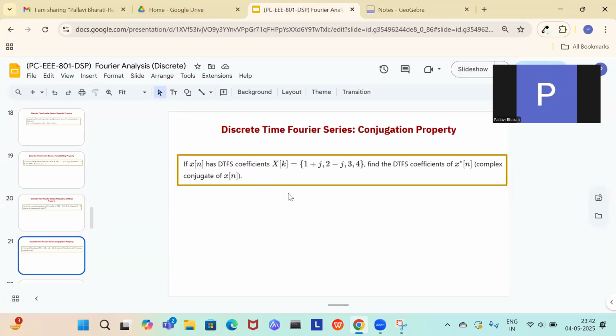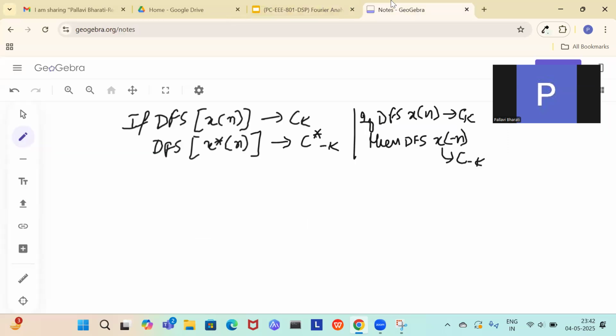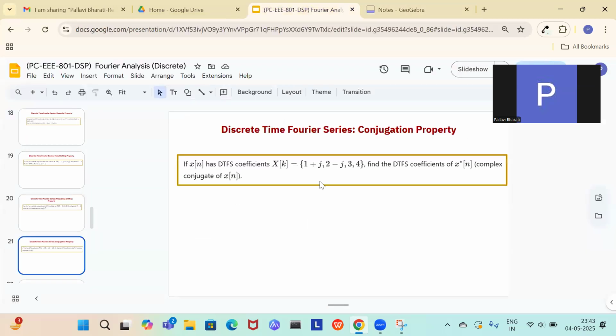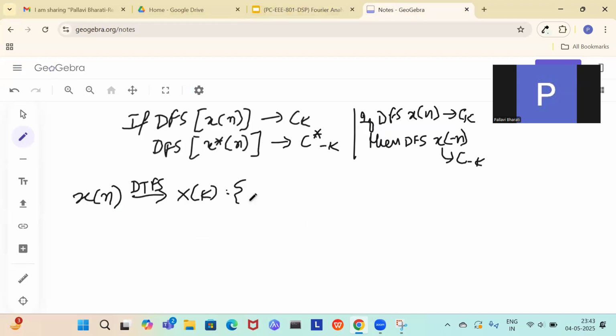For this question, you have been given a signal x[n]. The DTFS for this signal is X[k], and this X[k] is equal to 1 plus j, 2 minus j, 3, and 4.